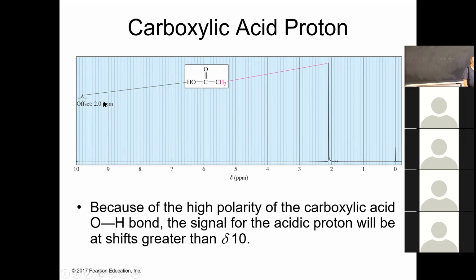Okay, and this, where it says offset 2 ppm, that means that it's off the scale. So it's showing up on the graph at 9.8. So if we add 2 to that, this will show up at 11.8. This is an artifact of the old chart printers. Nowadays, on the computer screen, we can widen the spectral window so as to include everything.